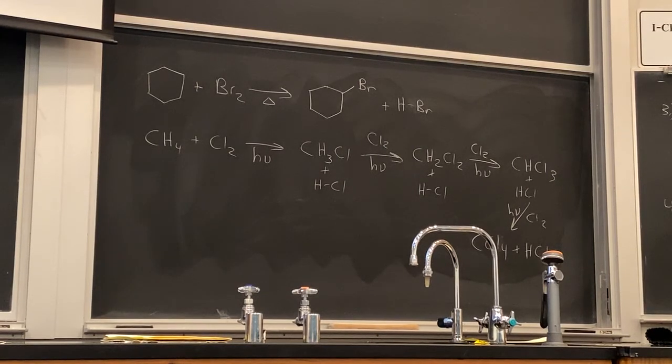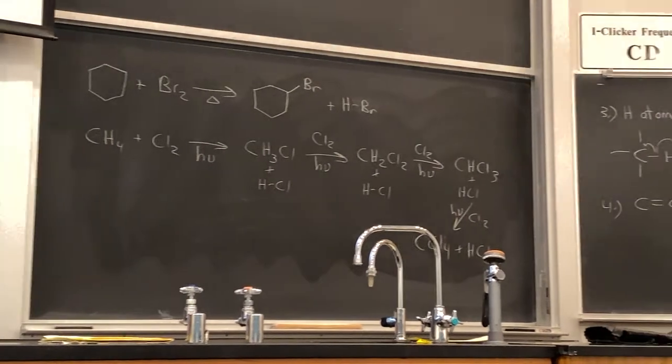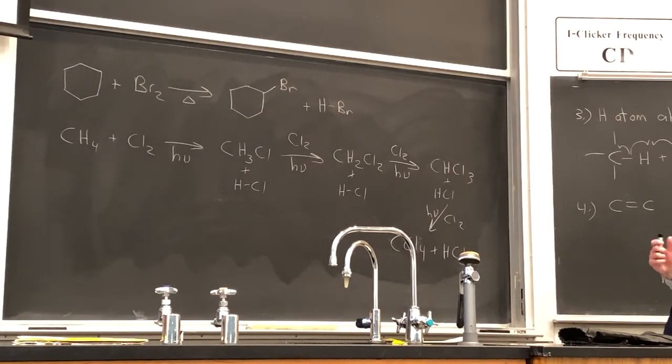So the way we control this process, the way we ensure that we only obtain the monohalogenated product, is we use the alkane in excess. If we have an excess amount of the alkane, then the concentration of the alkane is always higher than the concentration of the alkyl halide product. So that's how we suppress polyhalogenation, by using an excess of the alkane.